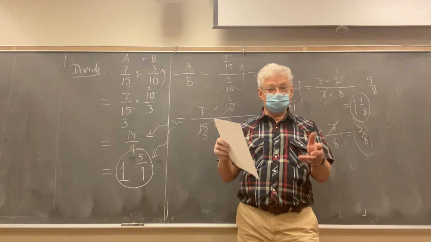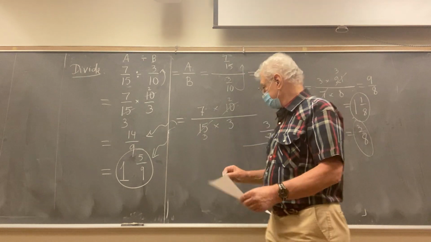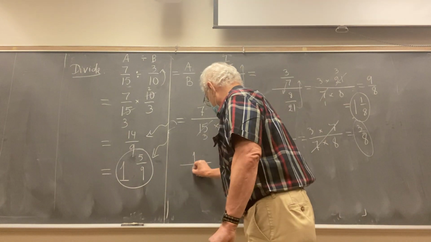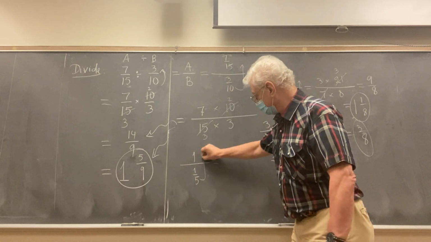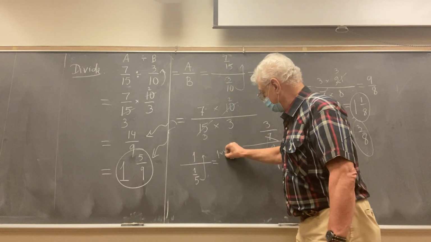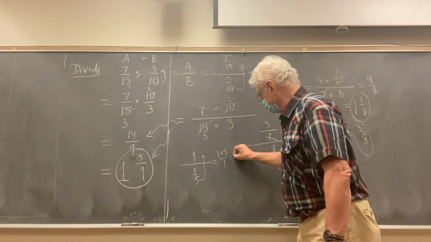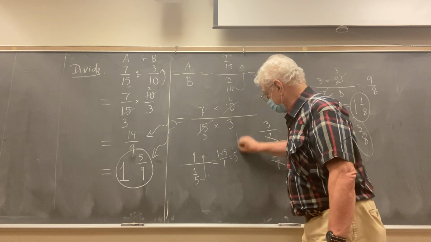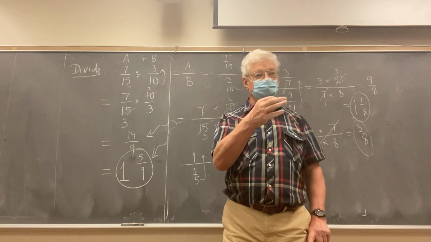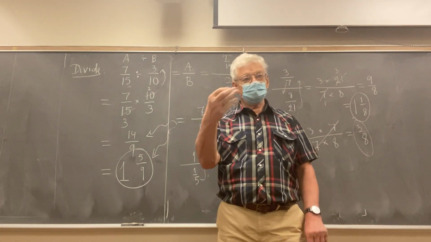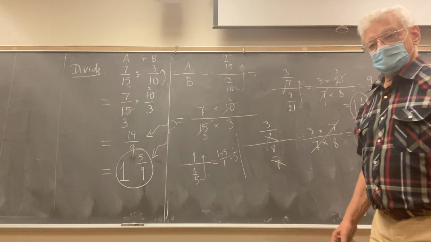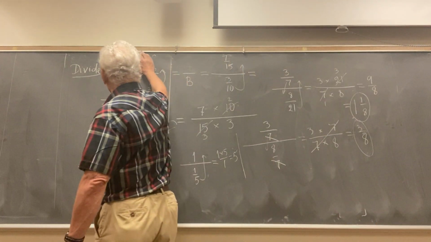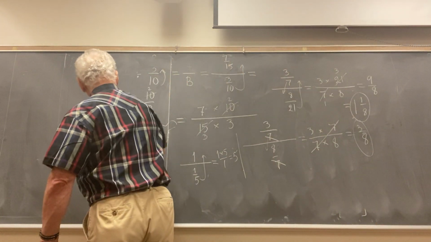Reciprocal to 1/5 will be 5. 1 divided by 1/5, what is that? This 5 goes up, 1 times 5 divided by 1, and the answer is 5. So reciprocal is that one. Reciprocal to 3/8 is 8/3, and so on. Okay, got it, right? So, division with fractions.